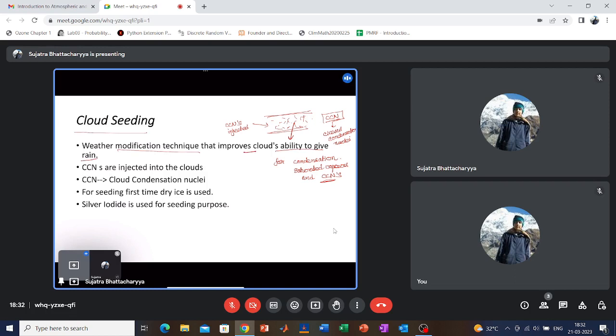Moisture sticks to the condensation nuclei, and with collision or different processes they form huge rain droplets and fall out. That is what you call rainfall.